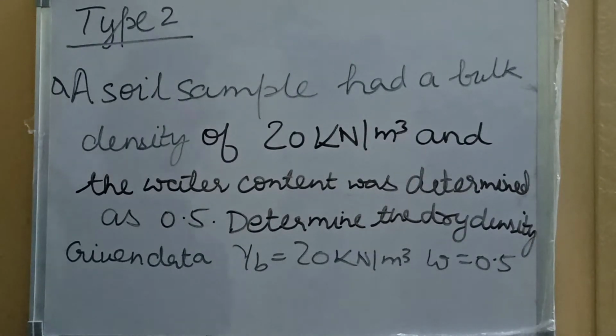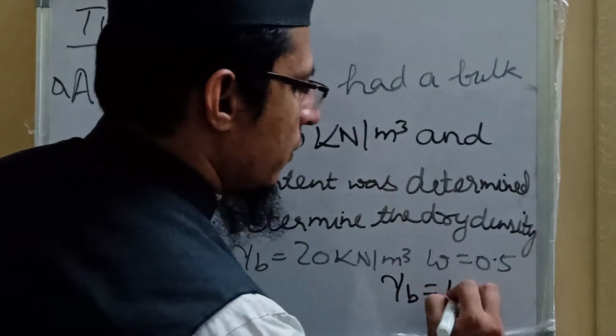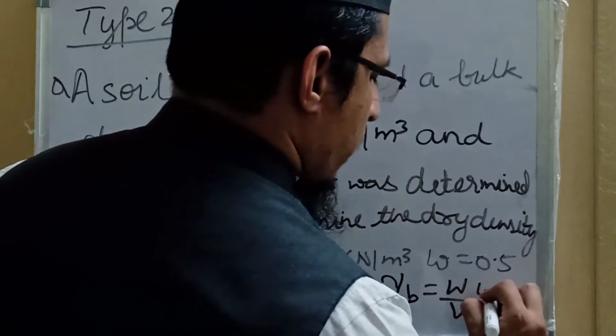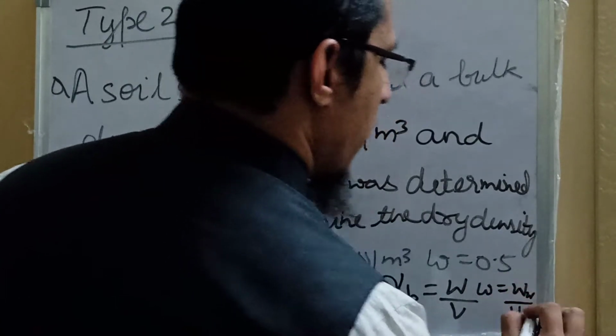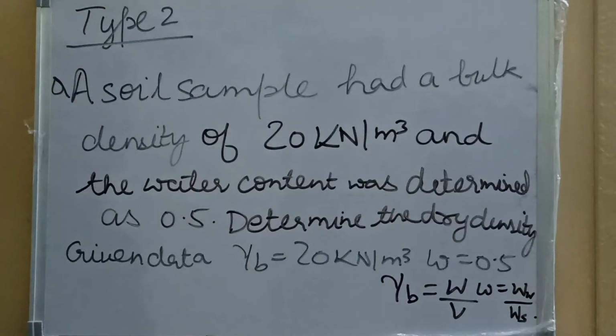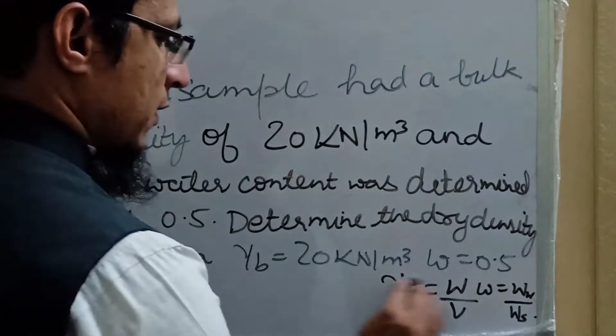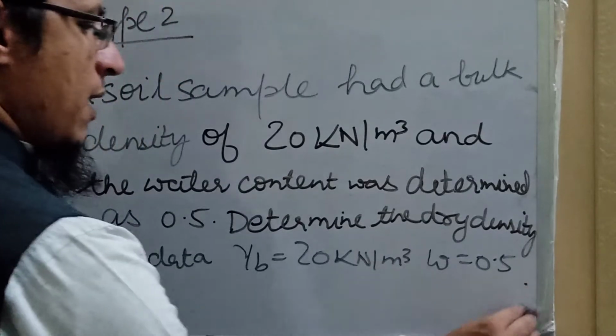We know that water content is weight of water upon weight of solid, but we don't have that. So we have to determine which relationship will be useful to us in solving this problem. The basic formulas, bulk density gamma b is equal to weight upon volume, and water content is equal to weight of water upon weight of solid, won't help us to solve this problem.